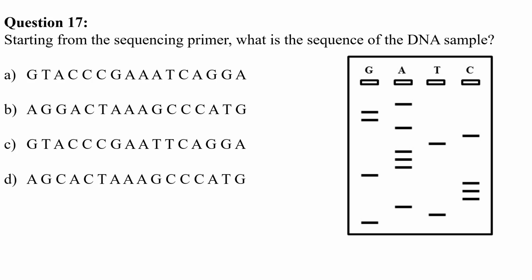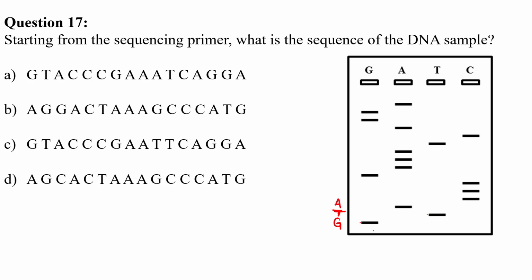So if you see here, the smallest fragment is coming from the G residue. The second is this one, that is T. Third residue here is A. So this is how we have to read.